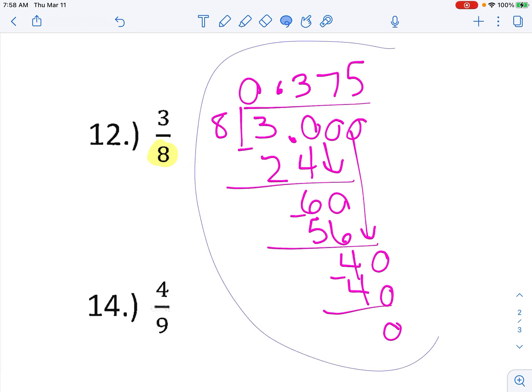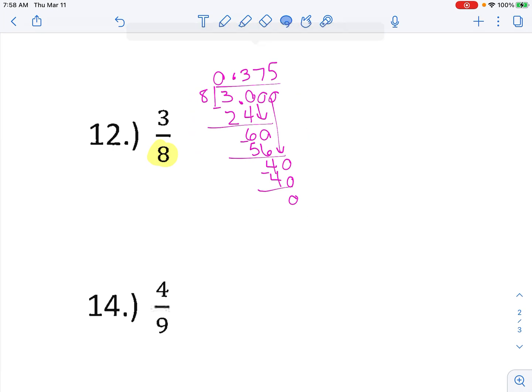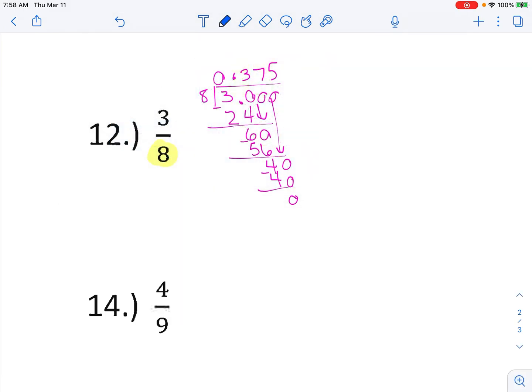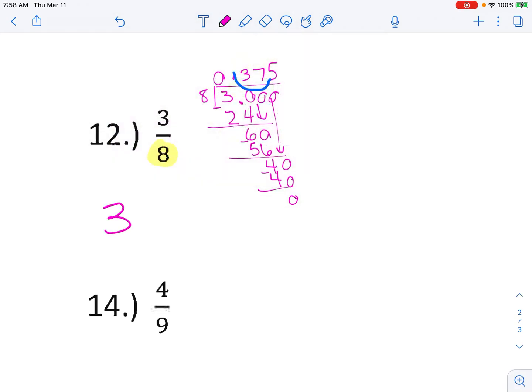So this is terminating because when we finished, our remainder was a 0. If I'm going to convert this to a percent, I have to move that decimal 2 places to the right. So my percent is going to be 37.5%.